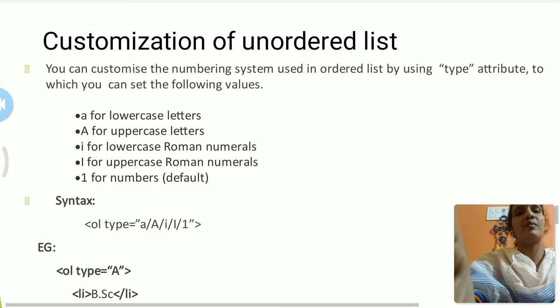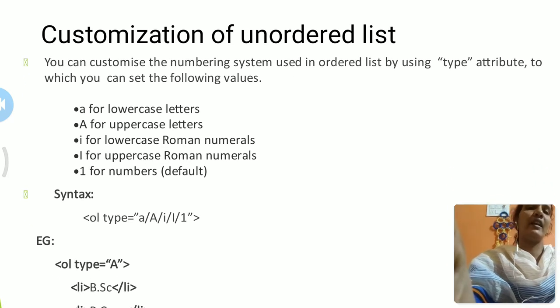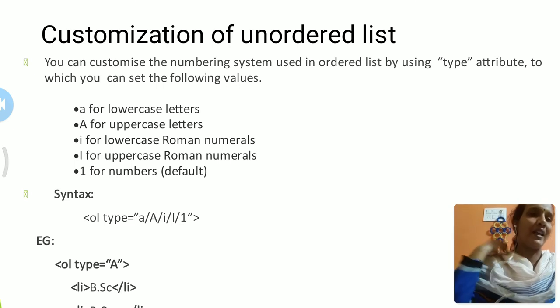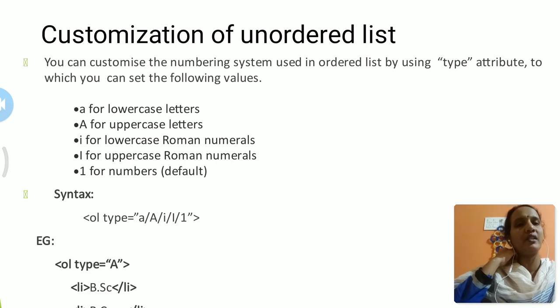Now come to the customization of the ordered list. Again, customization means changing the default bullet, as we did in the unordered list. Here, what is the default sequence we are following? Numbers 1 to 10; for all the list items, the default sequence is 1 to 10, depending on the number of items. But I don't want to follow that sequence.